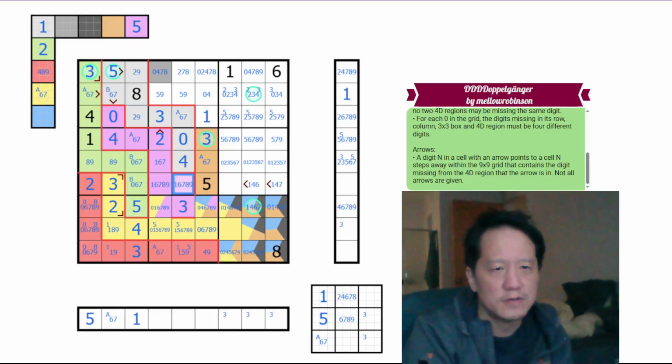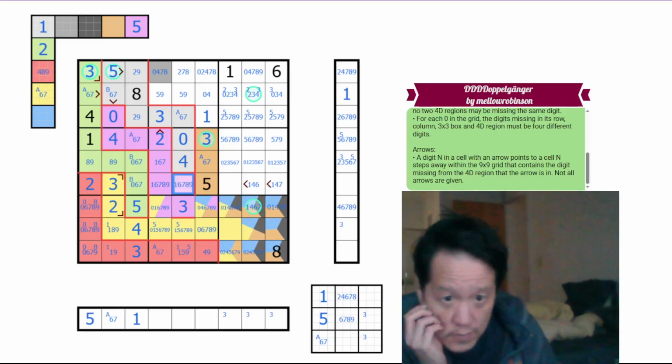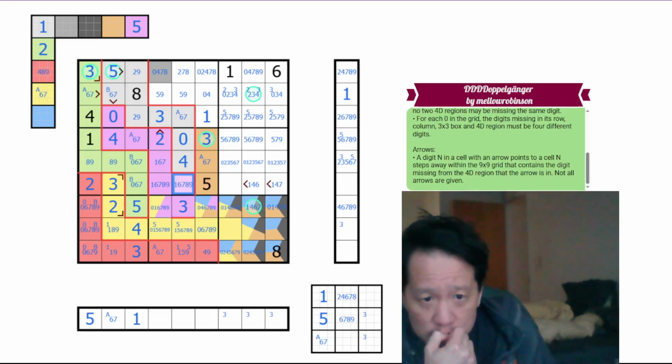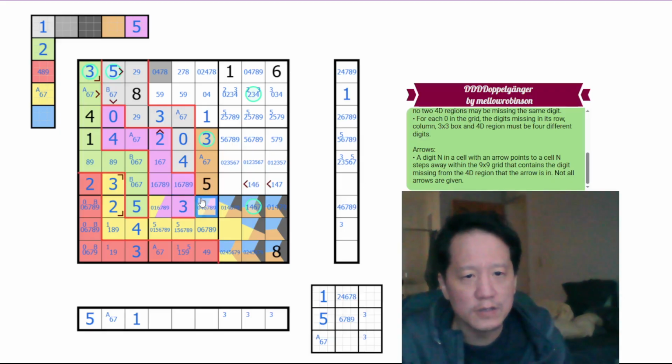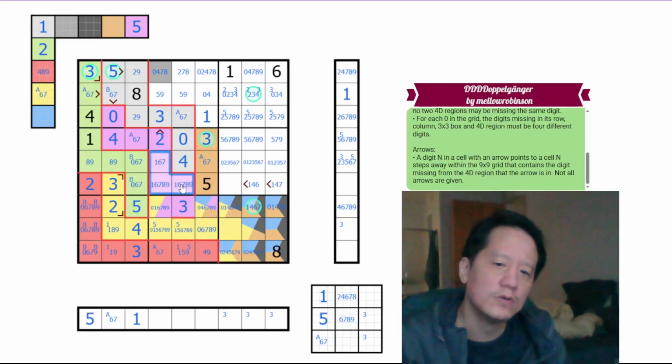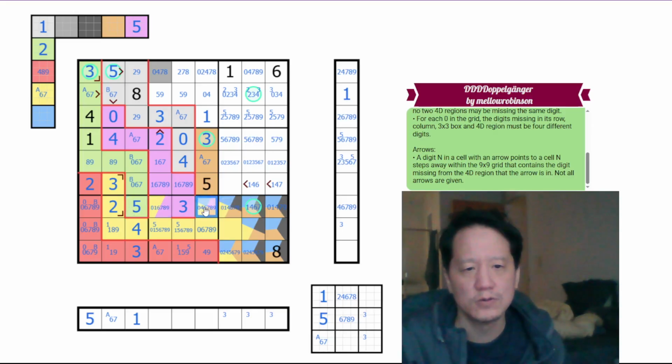Okay. That's fine. So this has to be the remaining digit. So we have A there. So whatever remaining digit's missing here has to be the remaining digit here.